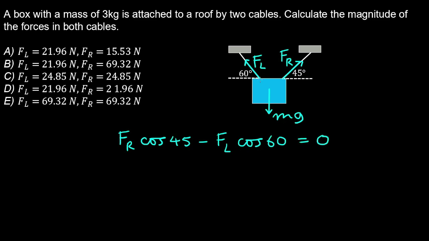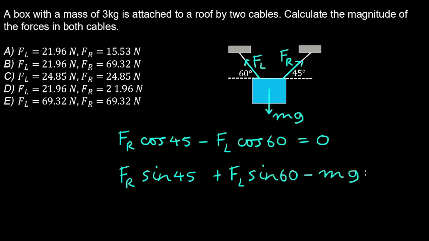And applying Newton's first law in the vertical direction, we have FR sine 45 degrees plus FL by sine 60 degrees minus mg is equal to 0.